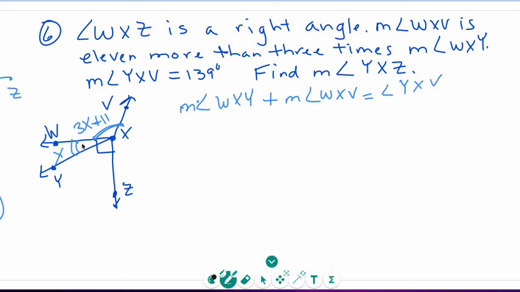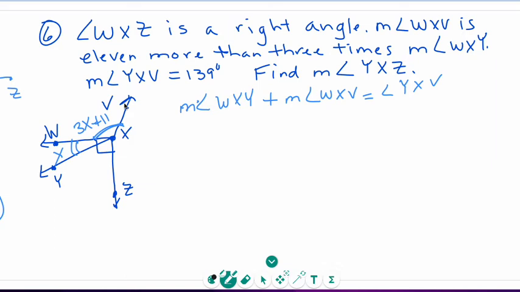So I have WXY, the small angle, plus WXV, the larger angle, is going to equal the combined angle of YXV. So let's do our substituting in.